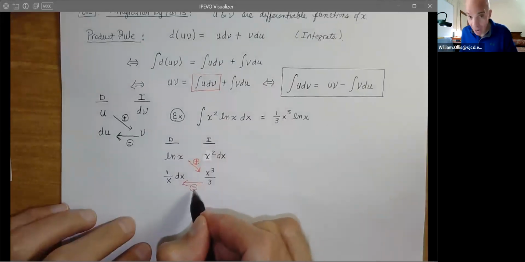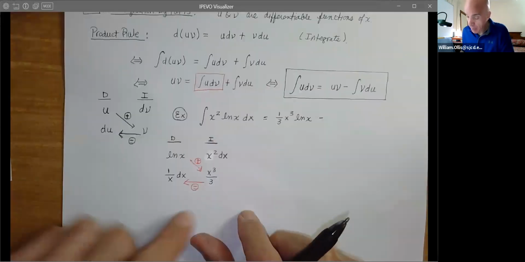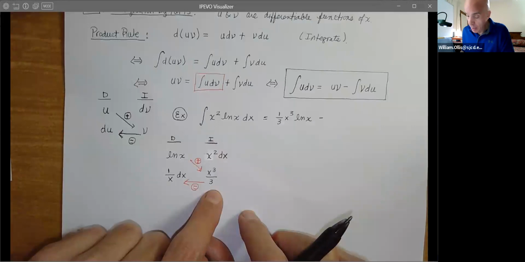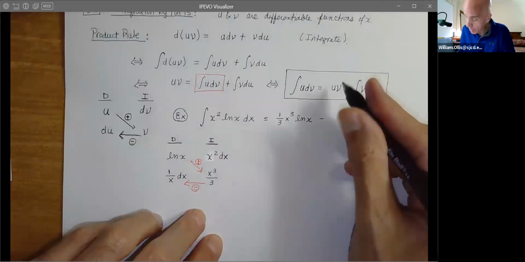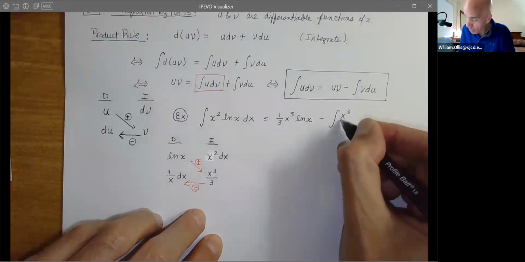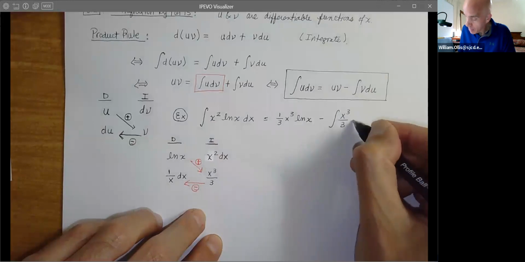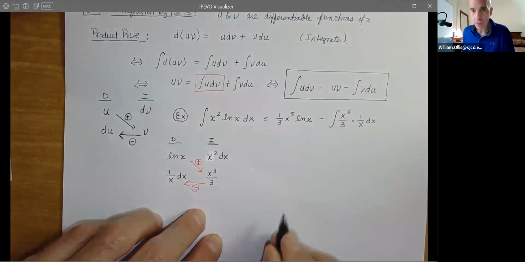Now we have minus, notice minus, in this case, v du. So let's write it in. x cubed over 3 times 1 over x dx. Okay?